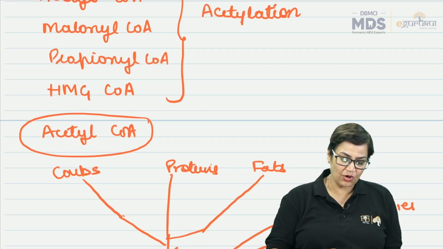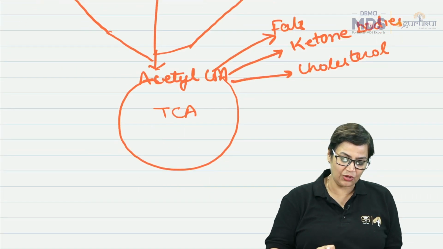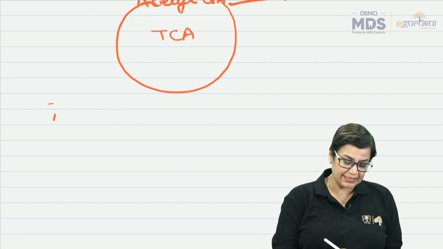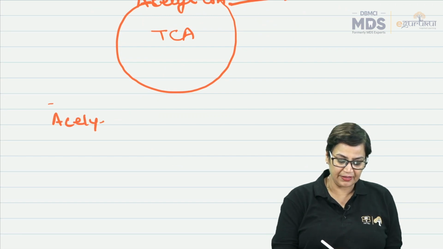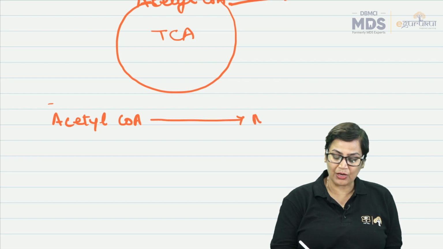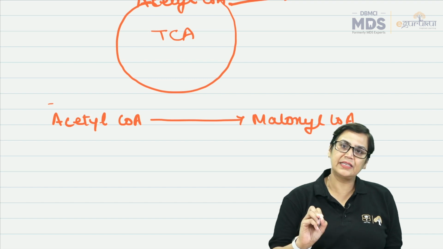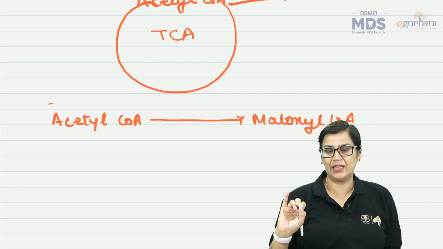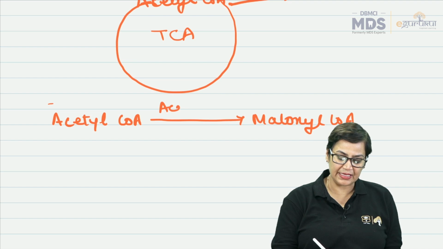Then if we talk about malonyl-CoA, again we know that acetyl coenzyme A is converted into malonyl coenzyme A. Simple carboxylation is there, and the name of the enzyme is acetyl coenzyme A carboxylase.